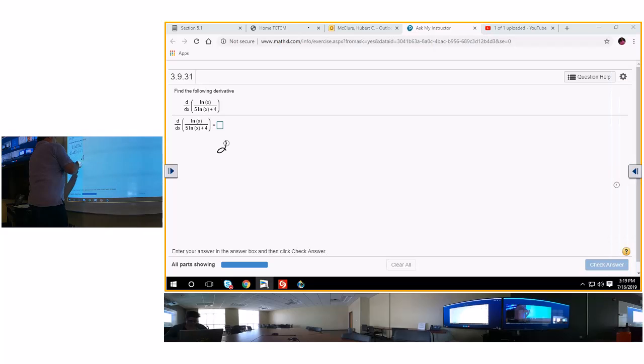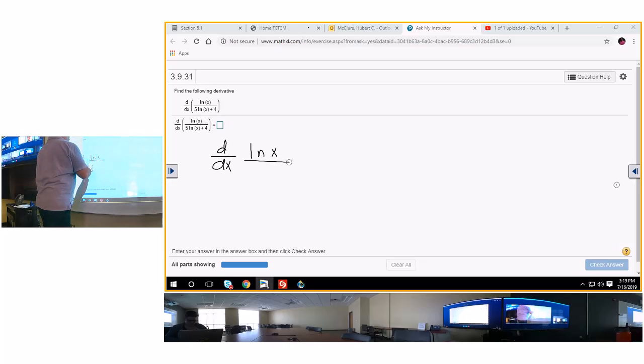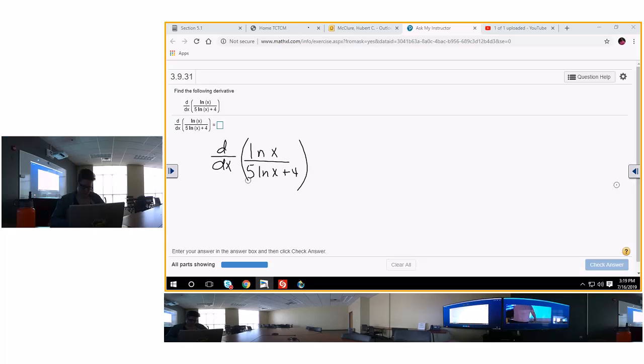The derivative d over dx of the natural log of x over 5 natural log of x plus 4. Now, what can we do?